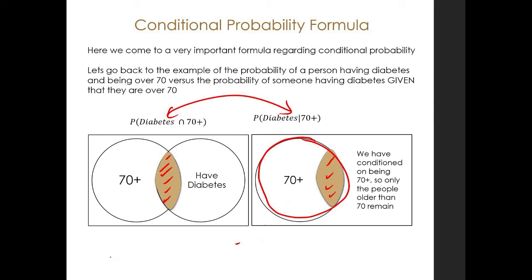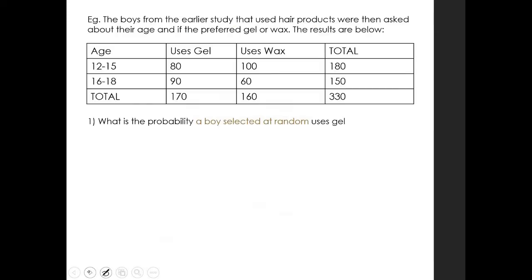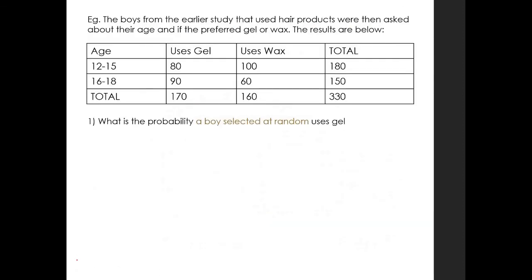And so we get our formula to find diabetes. The numerator is the same, it's that shaded area, but the denominator is a much smaller denominator. It's all of these over here. Okay, this formula comes up a lot, so you should learn it.